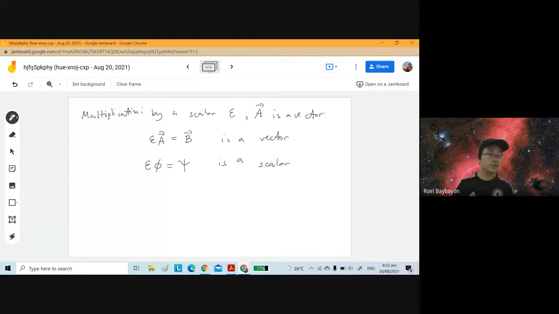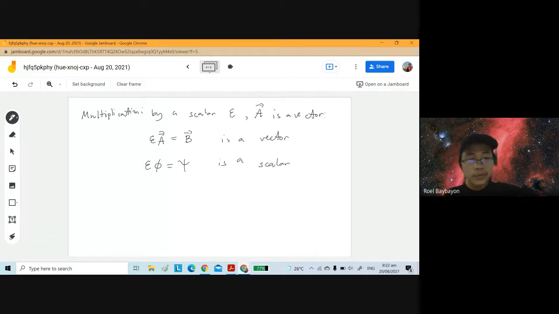Okay, so when you multiply a scalar to a vector, the resulting quantity is also a vector. When you multiply two scalars, say epsilon and phi, the resulting quantity is also a scalar. So how will you prove that one is a scalar?